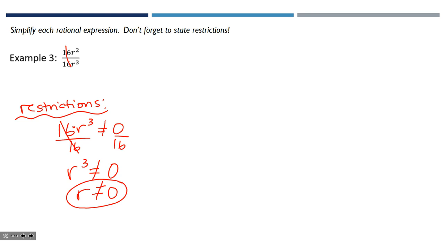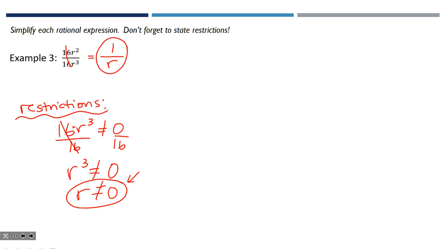So this is really r to the first power on the bottom. And essentially nothing is left on the top. Remember what we write if nothing is left on the top of a fraction? We put a 1 up there. Okay? So my final answer when I reduce or simplify is 1 over r. But again, don't forget my restriction is a part of my final answer as well. That's why they're both circled.